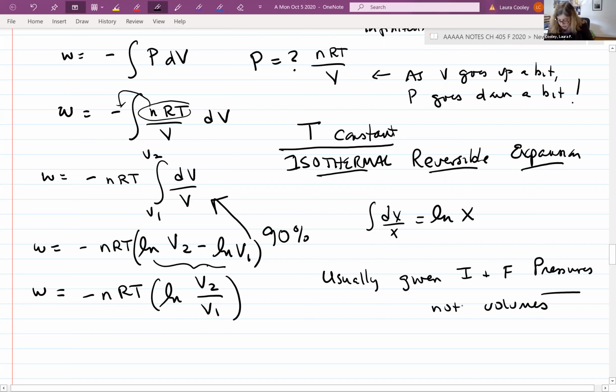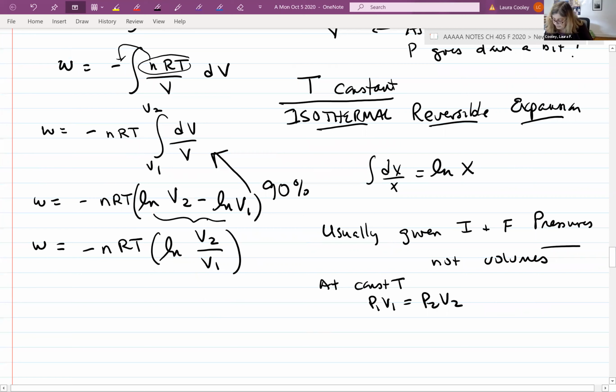So that's fine because we know that at constant temperature, P1V1 is P2V2. So that says that V2 over V1 is P1 over P2.